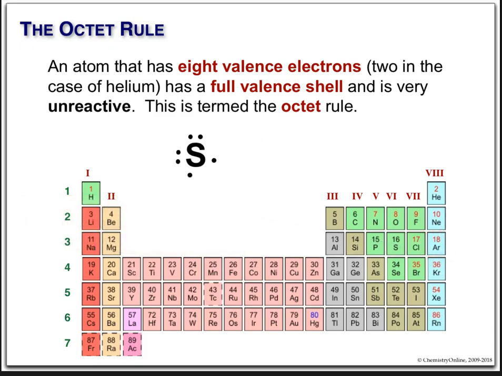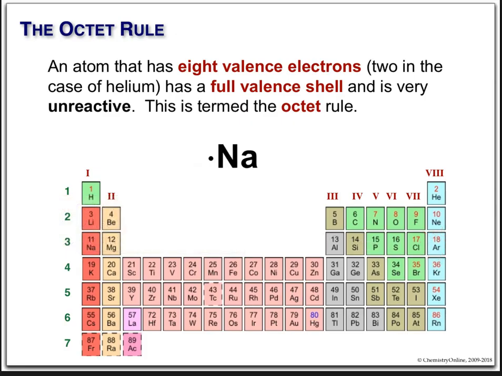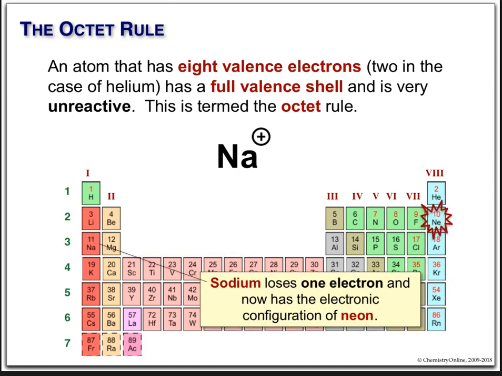For sulfur, we added 2 electrons. Started here. Again, we wound up with the electronic configuration of argon. How about sodium? Started here. Took its electron away. We are now going up to the second period. We have the configuration of neon.